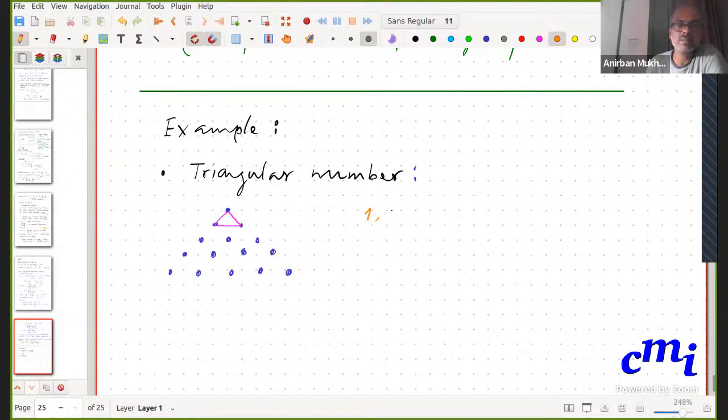And then the number is 3. Apart from the first one, everything else has to be really a triangle. Then we are adding 3 to it. So that's a 6. Meaning we have extended it to this. Every stage gives us a triangular number.